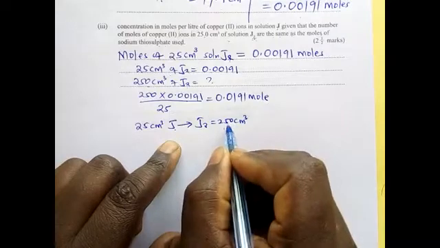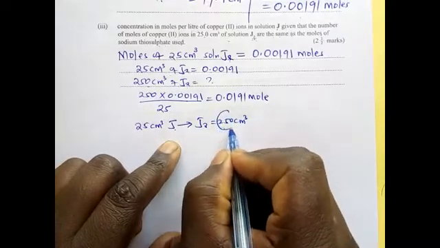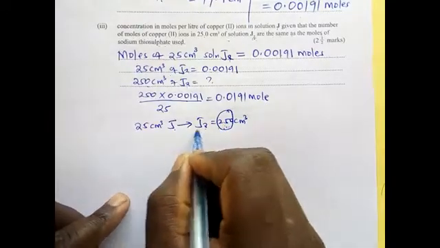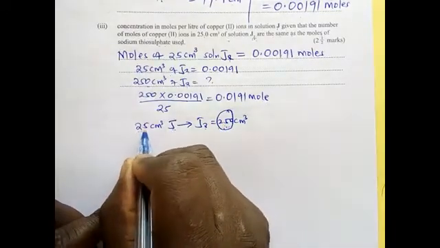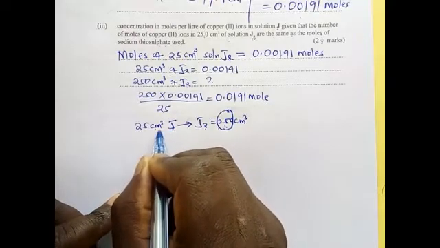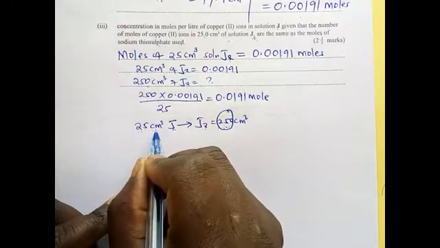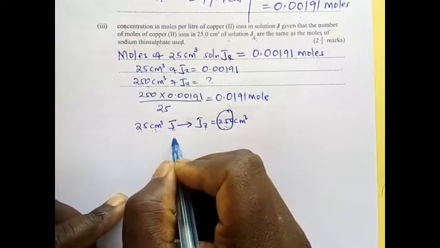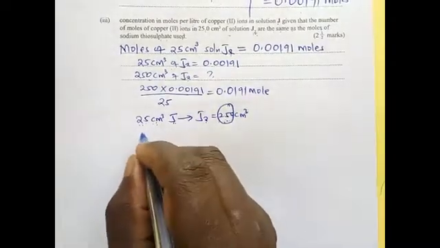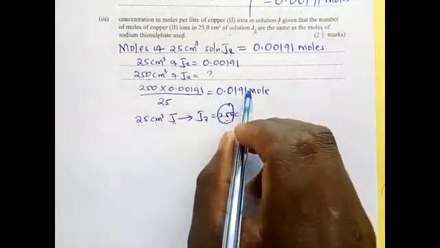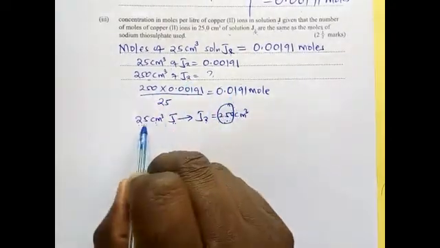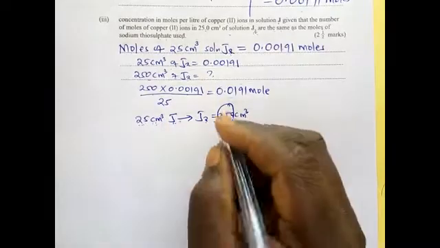Therefore, the number of moles in 250 of solution J2 is equal to the number of moles in 25 centimeters cube of solution J. Why? The number of moles does not change. What changes is the concentration when you dilute a solution.